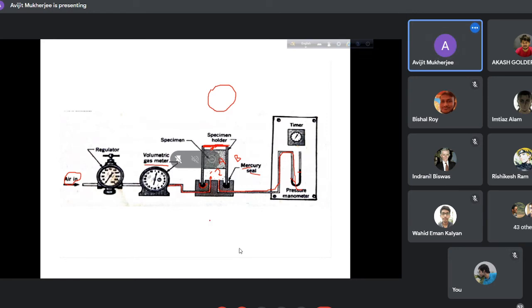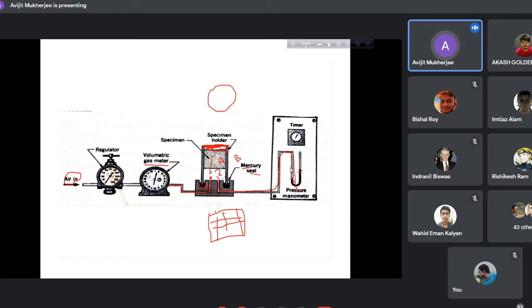Now tell me, if the openness of the sample, that is the porosity, is very high, with many void spaces, then almost the total air will escape, and very little air will come to this side. So they will apply pressure at a very slow rate, and to achieve the desired pressure, more time will be needed.